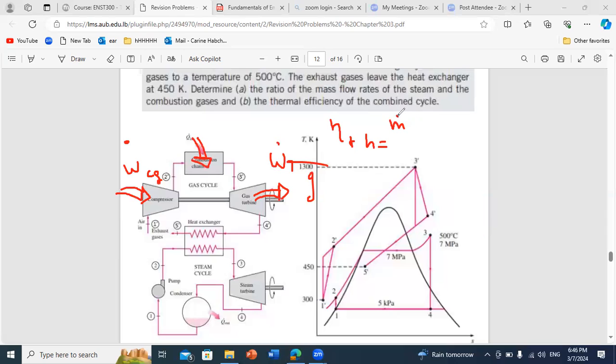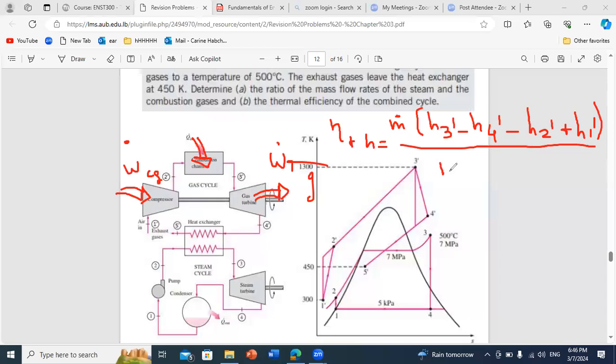It's M dot times, for W dot turbine, H3 prime minus H4 prime. While for the compressor, it's minus H2 prime minus H1 prime, so plus H1 prime, because minus minus, over Q dot N, which is M dot times H3 prime minus H2 prime.